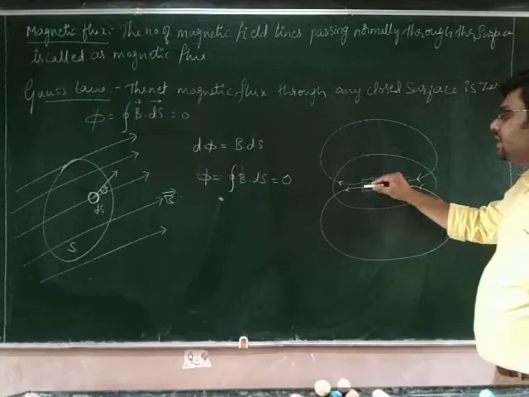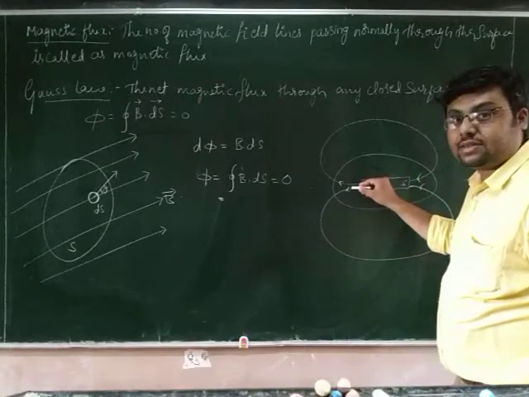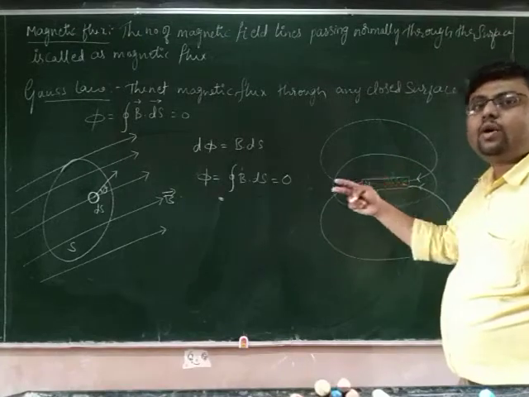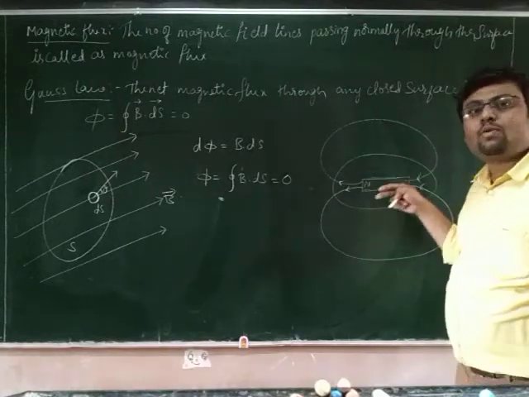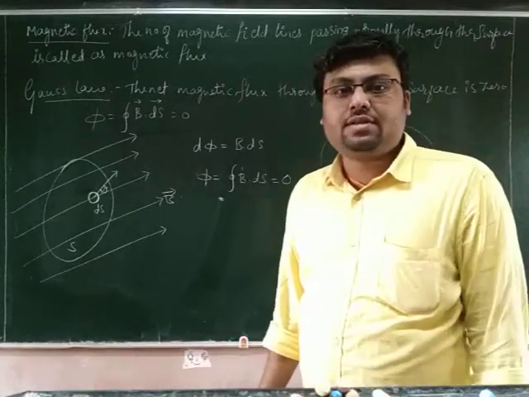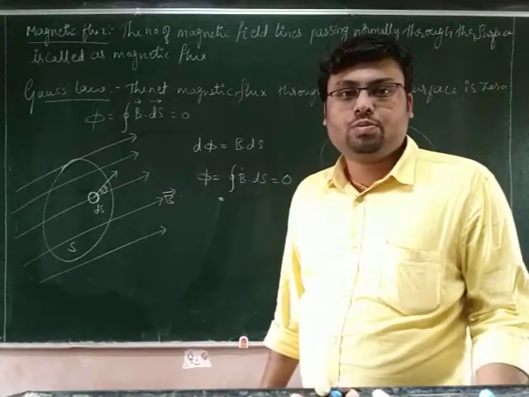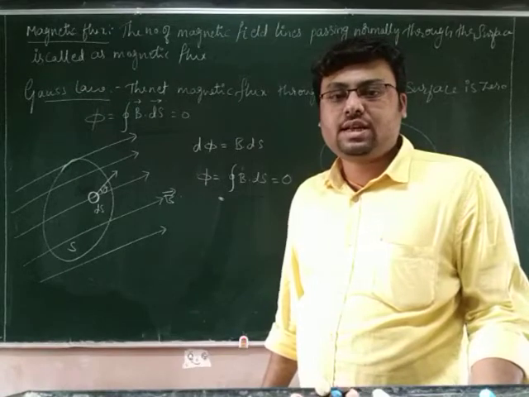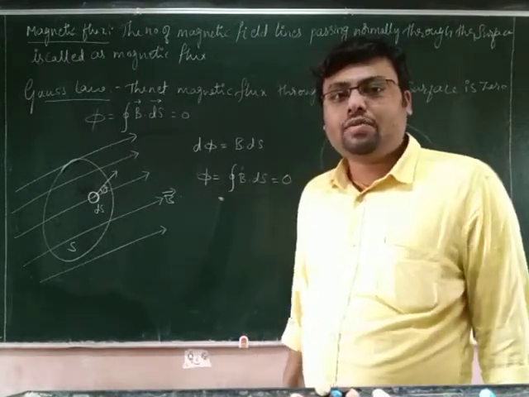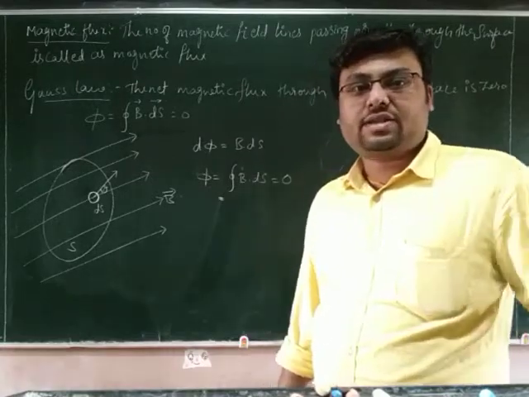And how many field lines were going outside from the surface? 1 and 2. Two were coming in, two were going out. As many came in, that many went out, so what is the net flux through the surface? 0. The net flux through the surface is 0. It is the actual meaning of Gauss law in magnetostatics.